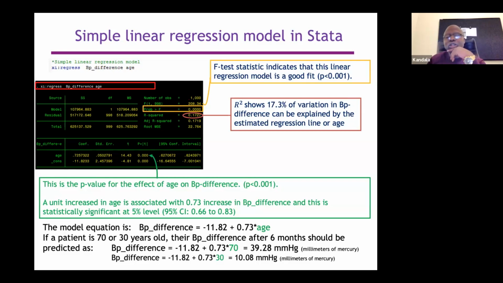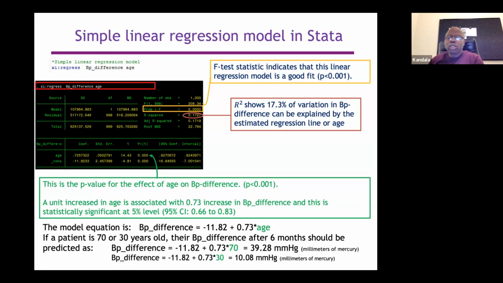So we really need to collect some other information to try and increase this explained variation, so that we can see what exactly explains the BP difference we see in individuals. Is it age plus gender? Is it age plus province of residence? Is it age plus genetics, or what?